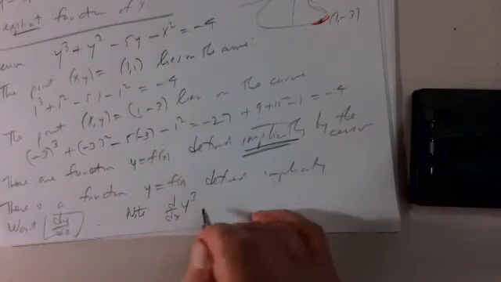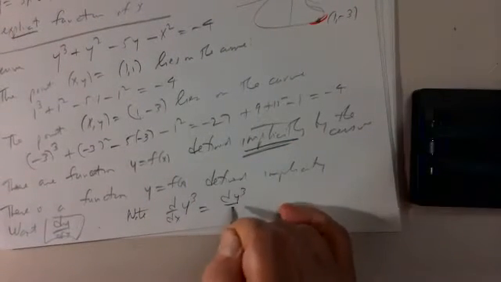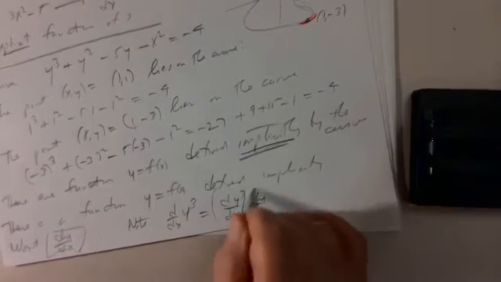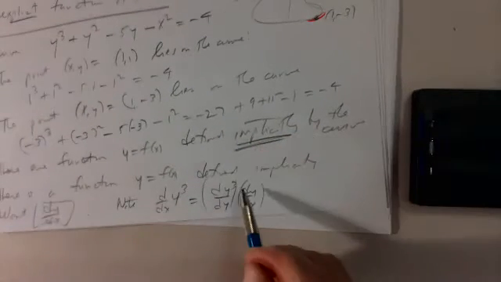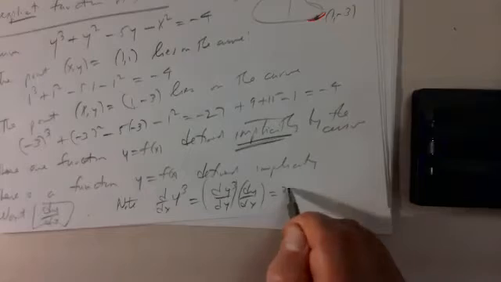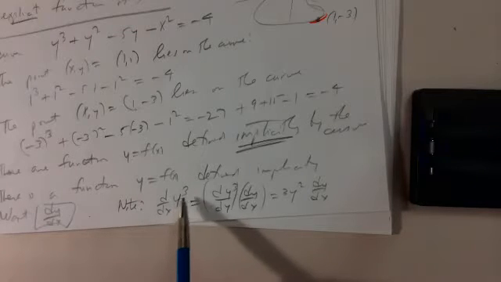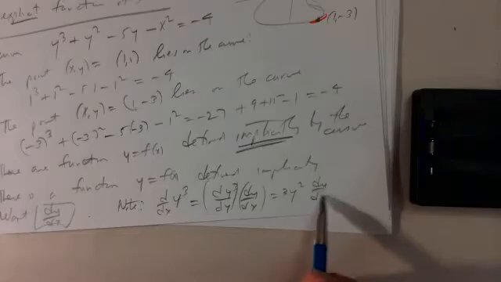By the chain rule, this is the derivative of y cubed with respect to y times dy/dx. And the derivative of y cubed with respect to y is 3y squared dy/dx. So if y is a function of x, if you're differentiating a power of y, like y cubed, you get 3y squared dy/dx. And this simple fact we use all the time.